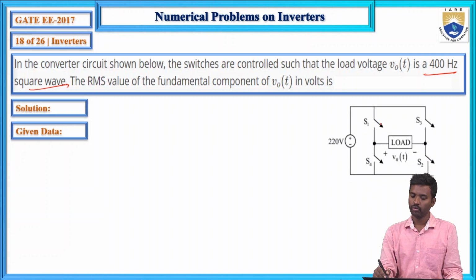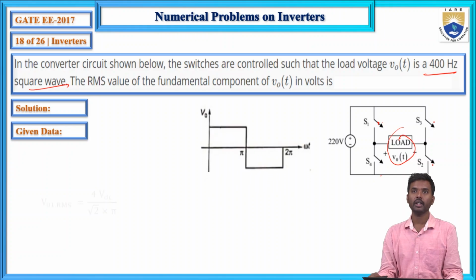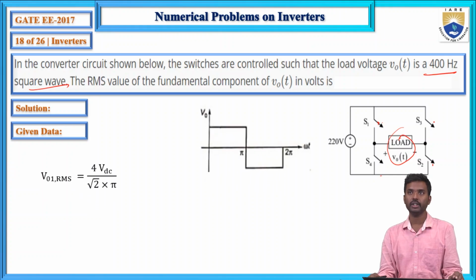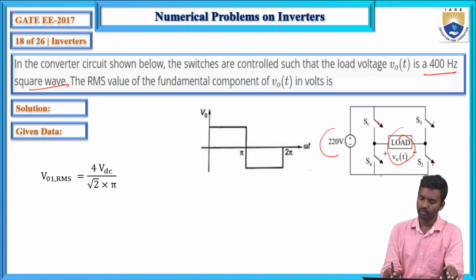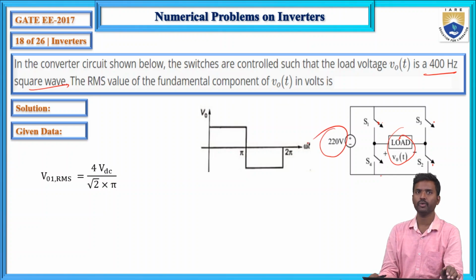This is a full bridge inverter with T1, T2, T3, T4 and the load. How will we calculate? The voltage is 400 volts, 400 Hz as given. We need only this voltage, 220 volts.